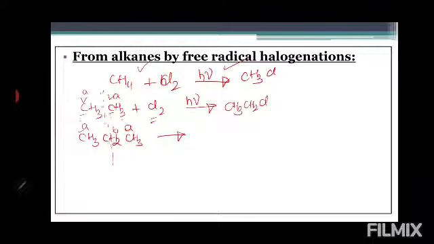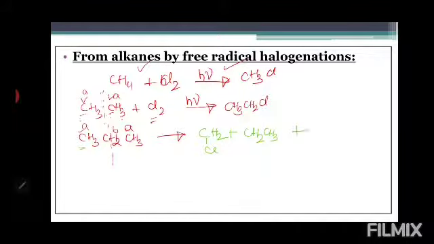Now what are those isomer products? In one case, from type A carbon, the hydrogen gets replaced, so we get CH2, then Cl, and CH2 CH3.